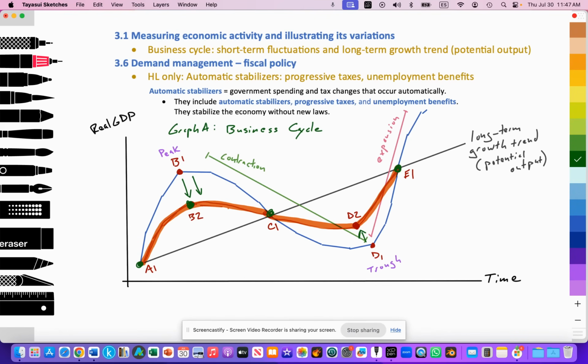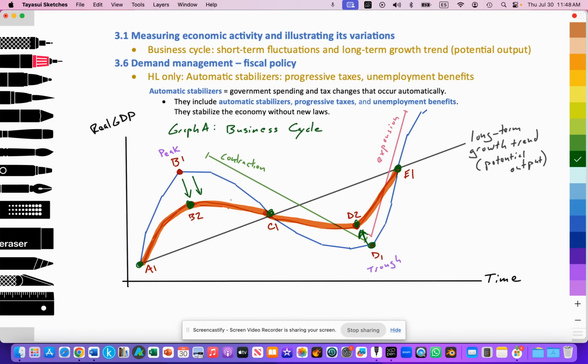Then let's say the economy does not fall deep into recession at D1 as a result of, again, the income tax system, households might be falling into lower income tax brackets, and as a result may keep more of their income and be able to maintain some disposable income to spend on necessities, to maintain consumption spending. So the economy goes to D2 as opposed to a deeper recession at D1.